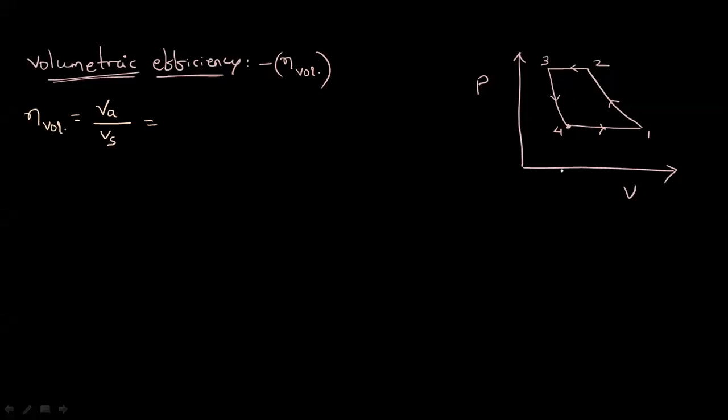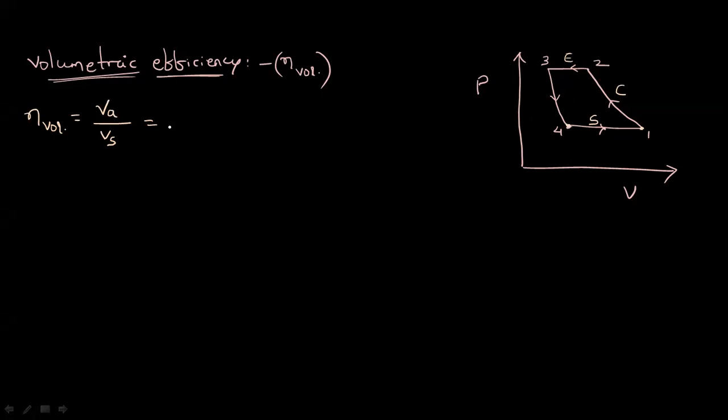Actual volume means whenever the suction process starts, how much air is entering the cylinder. Which is the suction stroke in this process? This one, 4 to 1 is suction, 1 to 2 compression, and 2 to 3 the exhaust process.